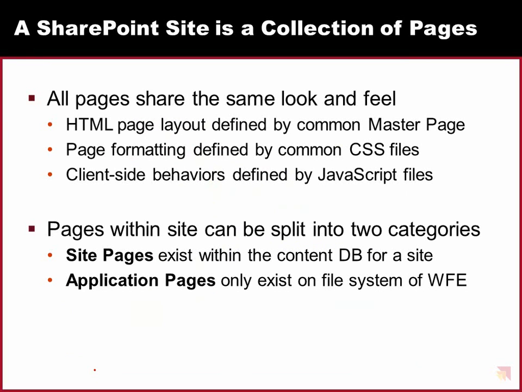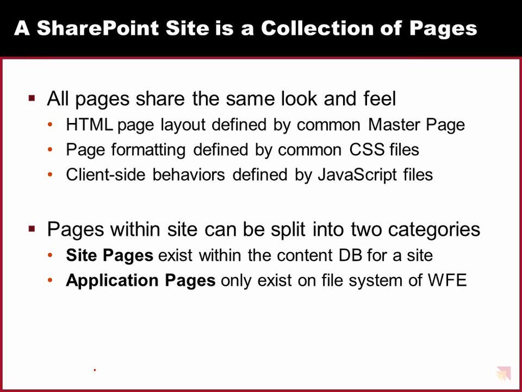Now, the next thing we'll look at is just a SharePoint site. It's just a collection of pages, and there is a single master page inside the site that all the pages link to. Now, we also want to differentiate between two different types of pages.